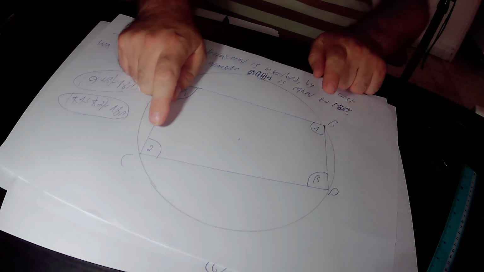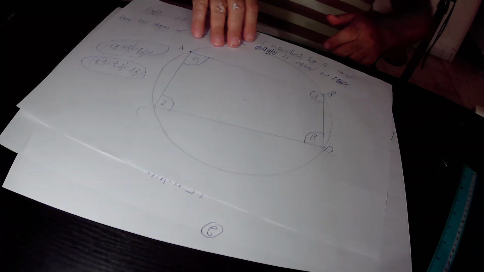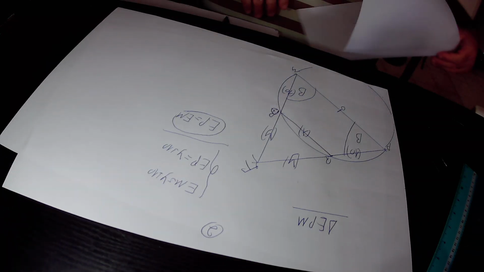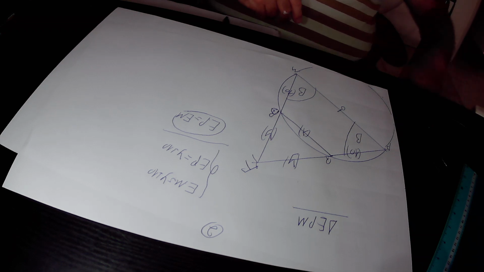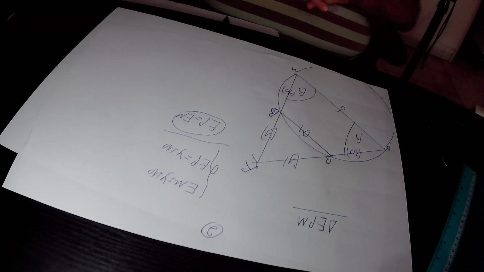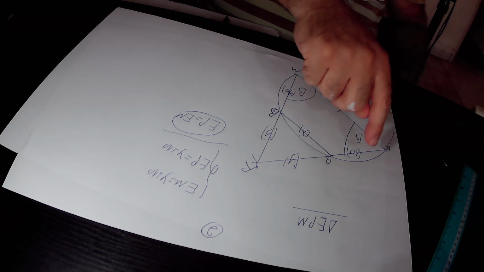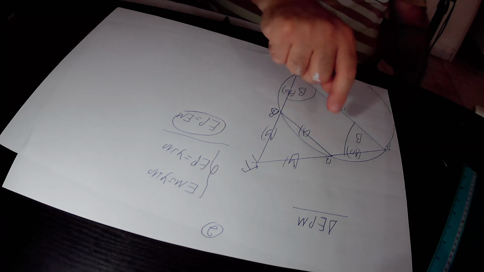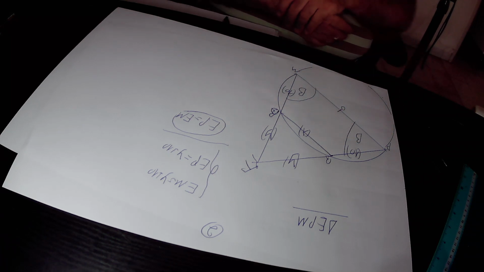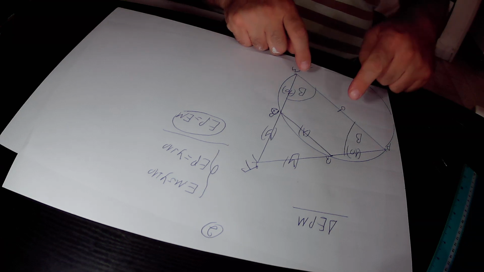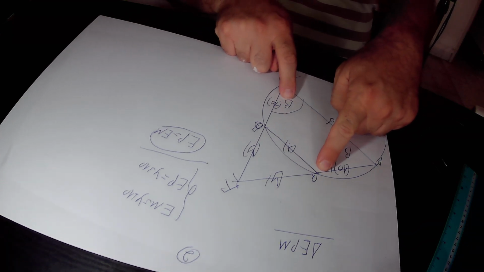Okay, so we can implement the new rule in our drawing, because we have quadrilateral MPQB that is inscribed by this circle, and the sum of its two opposite angles must be equal to 180 degrees.